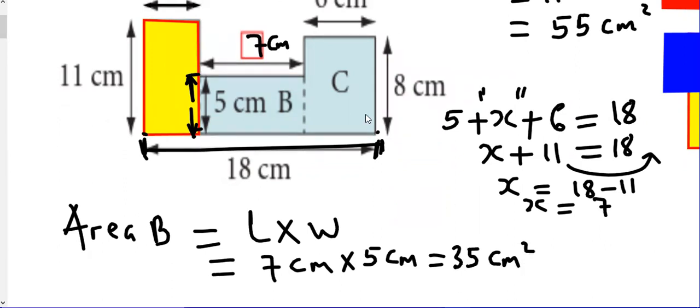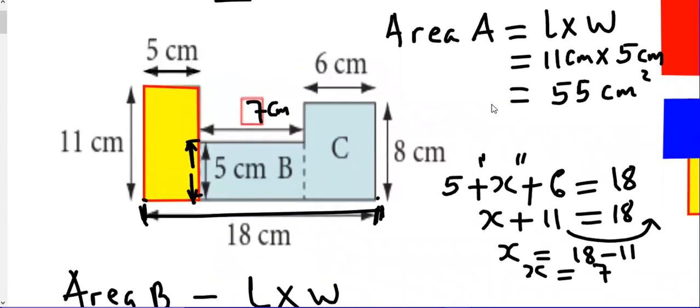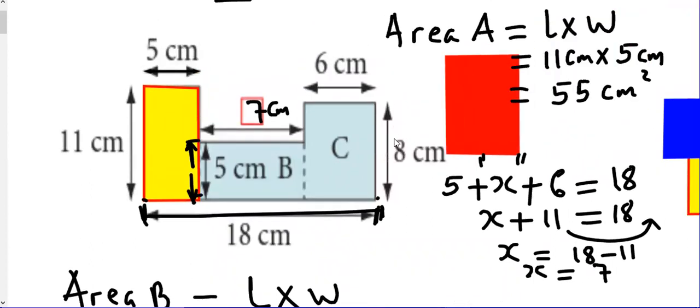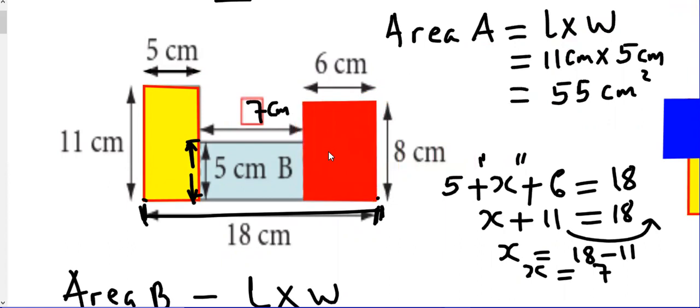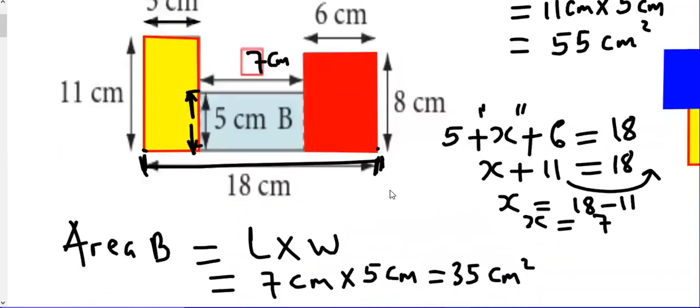Okay, now the last shape. The last shape is C. Can you see the last shape? The last shape is that shape there, which is also a rectangle, of course. And how do we calculate the area of that shape? This is, again, length times width, which will be 6 times 8.